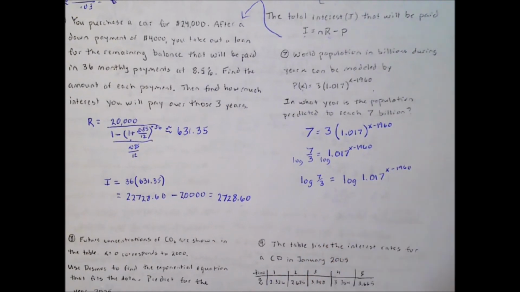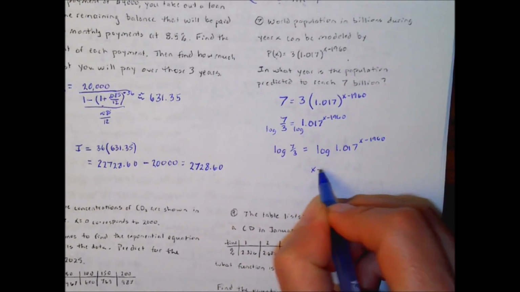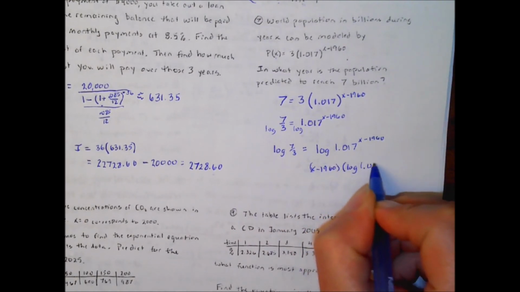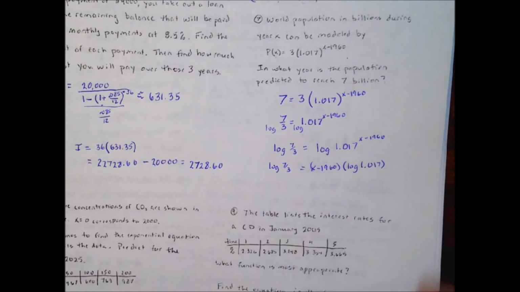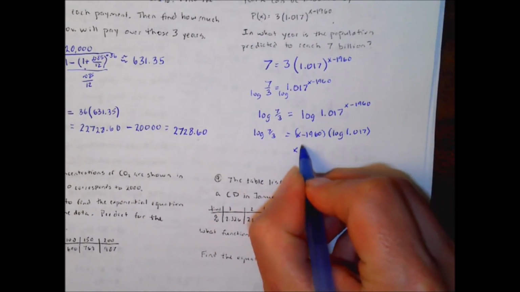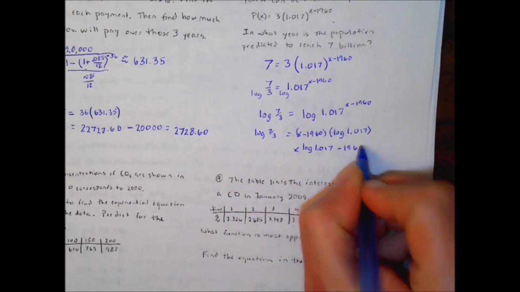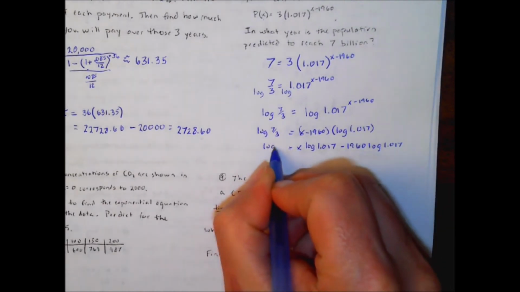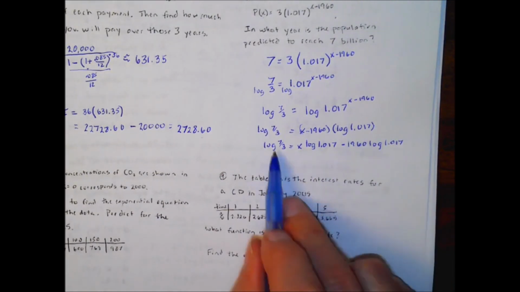Okay, now we're going to use the power rule, bring that out front. This would be x minus 1960 times this. Okay, we can take this and distribute it through. So this would be x log of 1.017 minus 1960 times the log of 1.017. And to get x by itself, I'm going to add this stuff over and then divide by this.